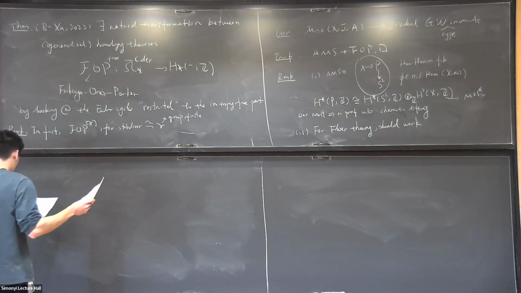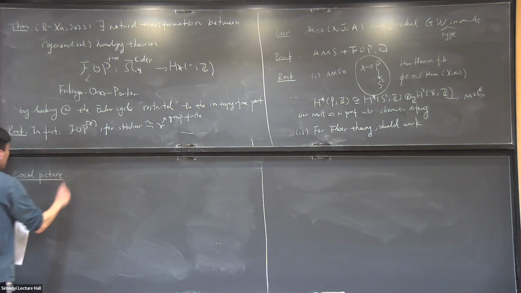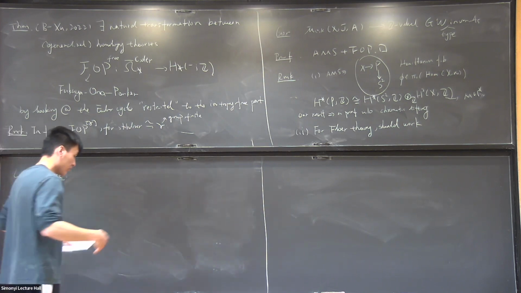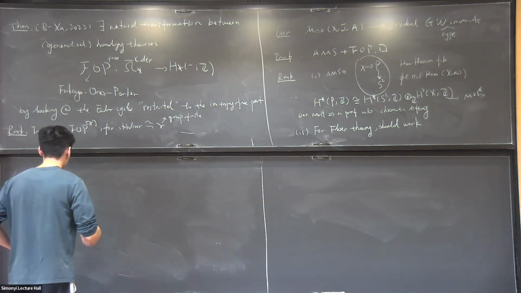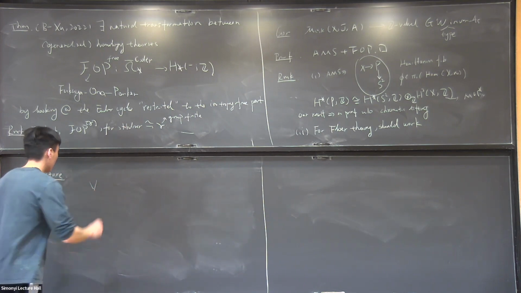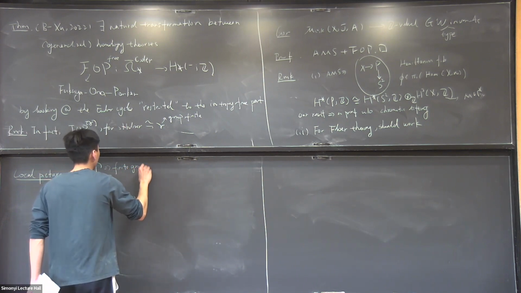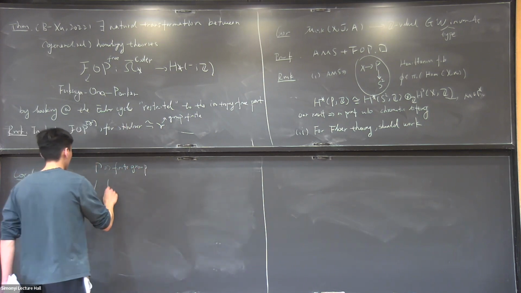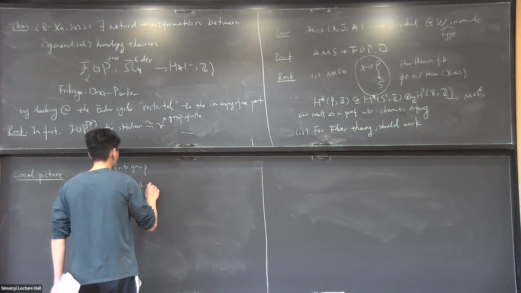So let's look at the local picture. We have an orbifold, and it's also required that this chart has a stable complex structure. To simplify things a little bit, we can just look at, say, gamma, a finite group, and V a finite dimensional complex representation of gamma.